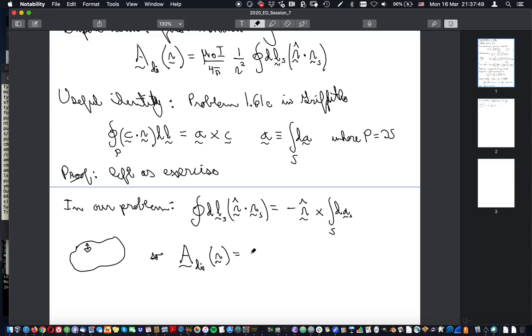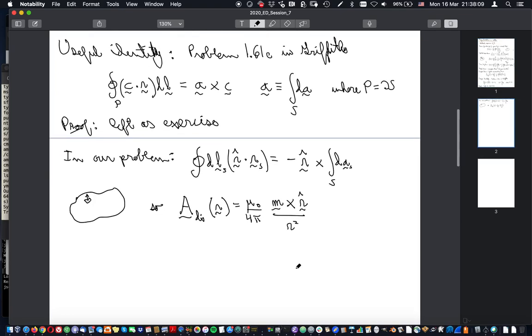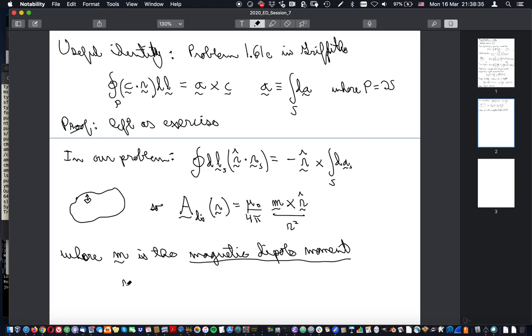I can write this thing as mu0 over 4 pi, with now the following object, I will define a vector m, which will be the dipole moment, cross that into r hat divided by r squared, where m is the magnetic dipole moment, and we'll underline that and give the formula.